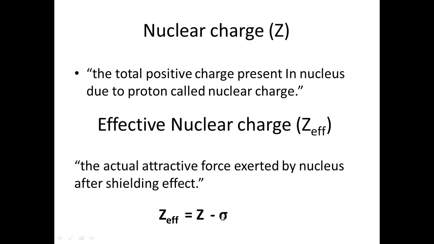So after shielding, the remaining nuclear charge is called Z effective. So it is never possible that Z effective is greater than Z. Never possible. It is always less than capital Z.